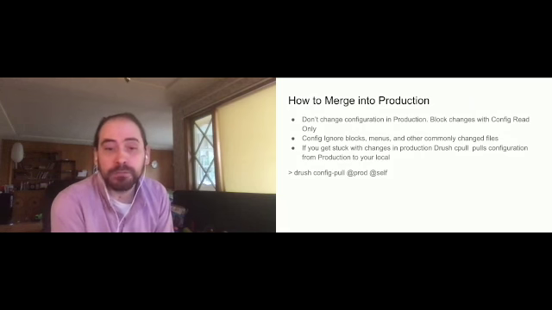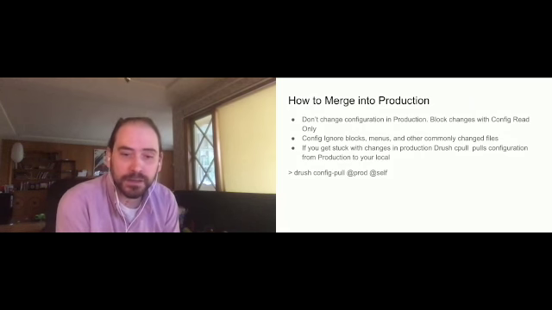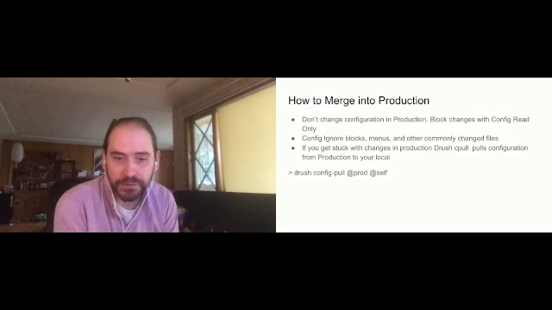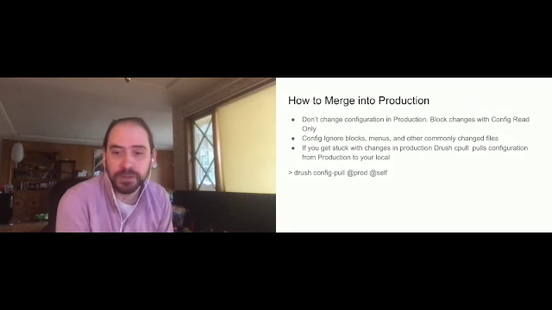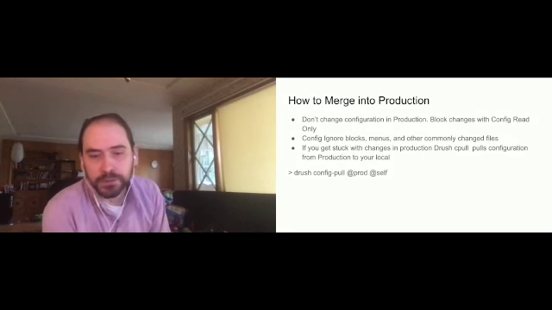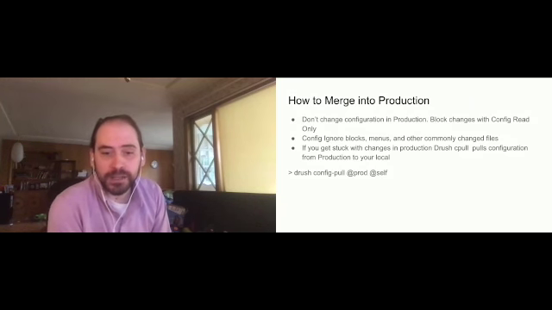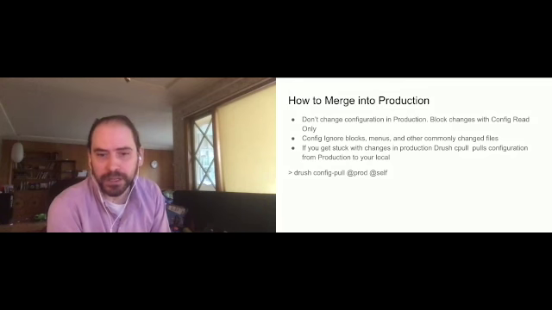You can also combine it with the config split module, which allows you to install different configuration in different environments so that you can have it turned on in one environment and not another environment, so that you could use it in your dev server but not production.